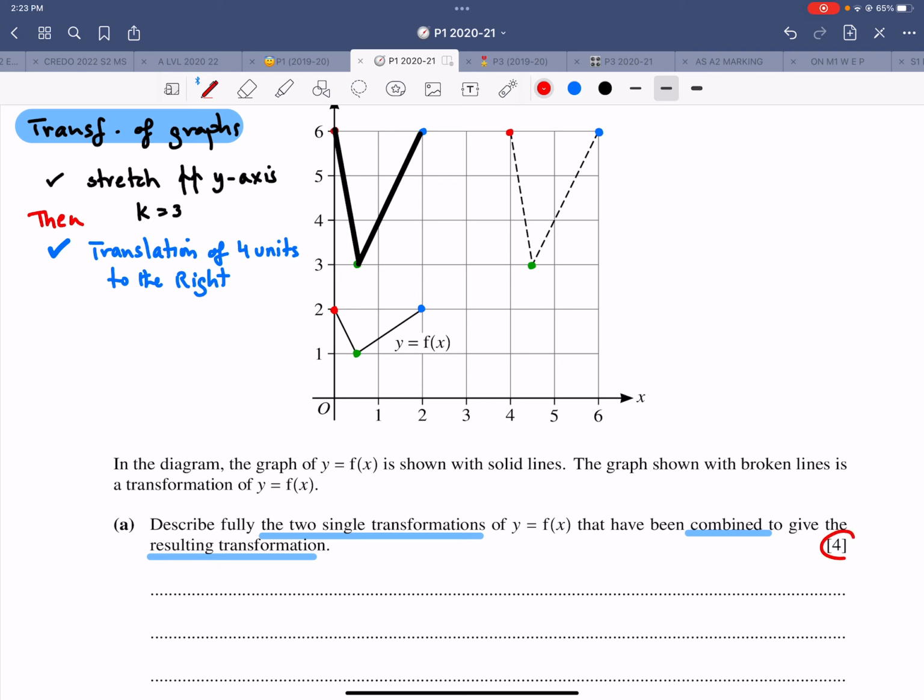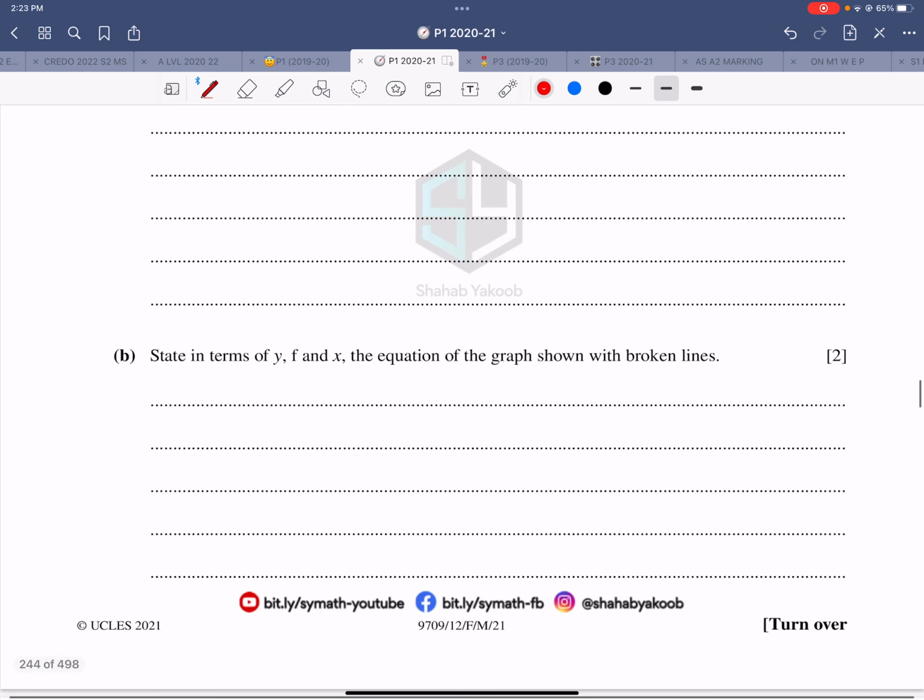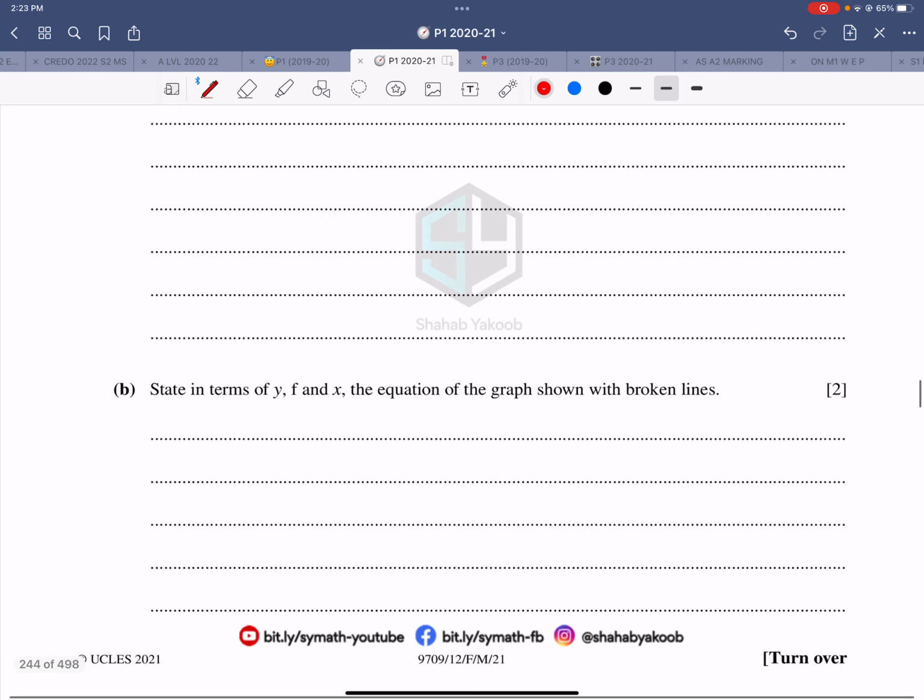So this 4-mark question is 2 marks for this and 2 marks for this. This is in words with the right numbers. But now what does it say? State in terms of y, f and x the equation of the graph with broken lines. So y is the subject and the scale factor is 3. There is a function f(x), but it's not a simple f(x) because that function has been shifted to the right.